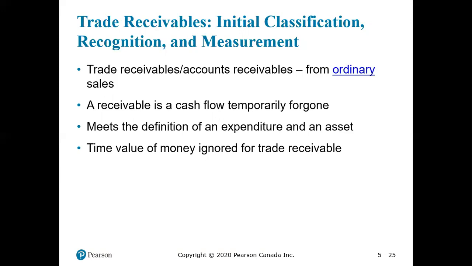So you haven't collected the cash yet, but you are entitled to it. It meets the definition of an expenditure and an asset. So remember, there's a difference between expenditure and expense. The time value of money is ignored for trade receivables because it's expected that the money will be received within a reasonably short amount of time.